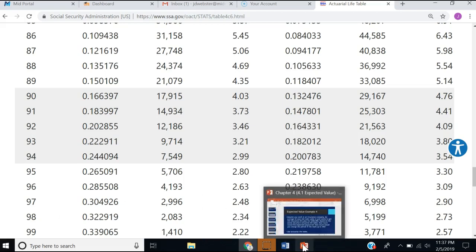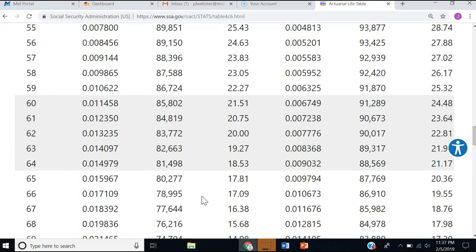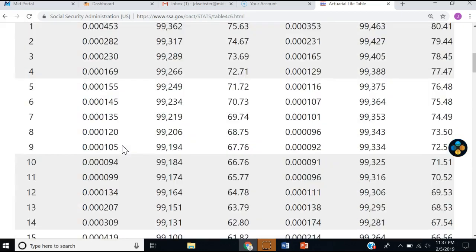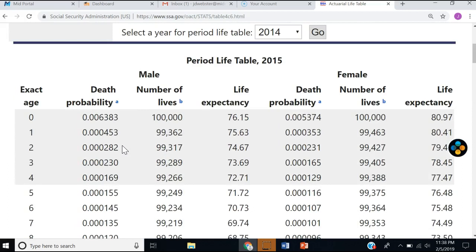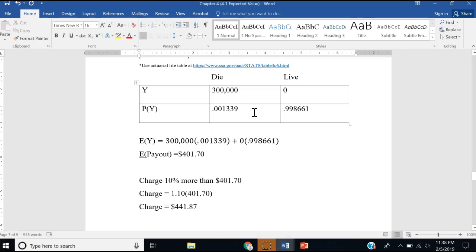So all of that is to say that these probabilities of dying are going to affect the payout. Because they're embedded in this formula here, if I take a lower probability, the payout's going to be lower. If that probability goes up, the payout's going to be higher.